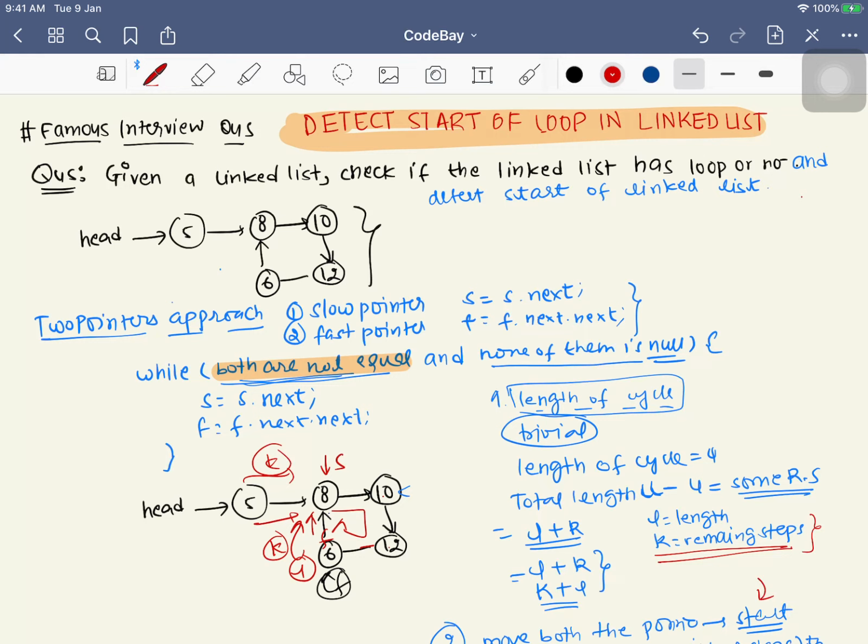Once you are able to see the logic behind the curtain, you will not forget it in your whole life. I am pasting a link in the description of the question on which you can go and practice. The link is from the InterviewBit website.